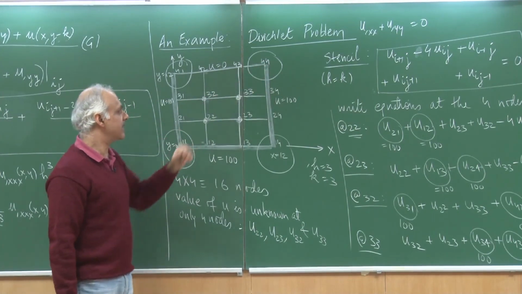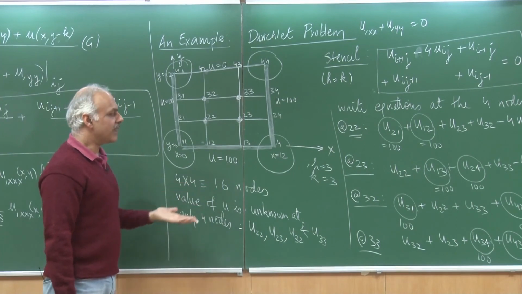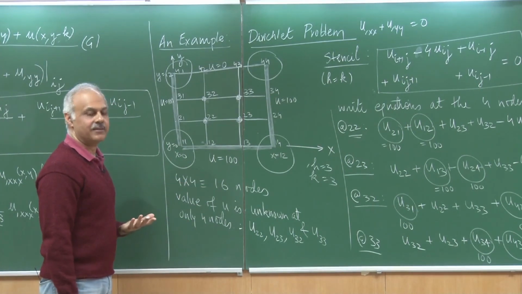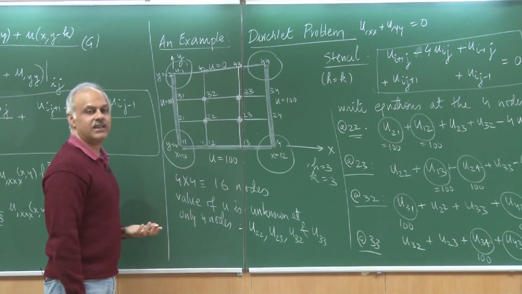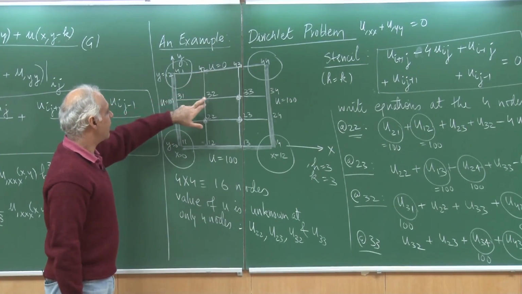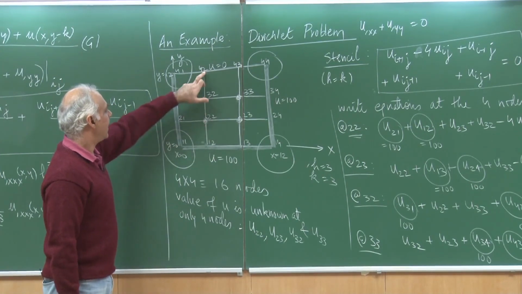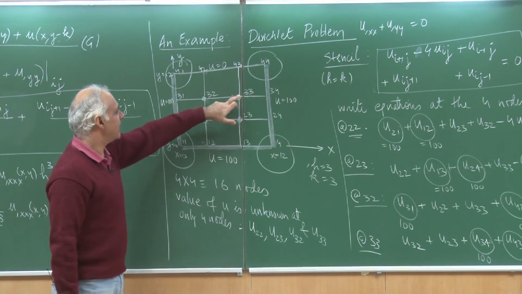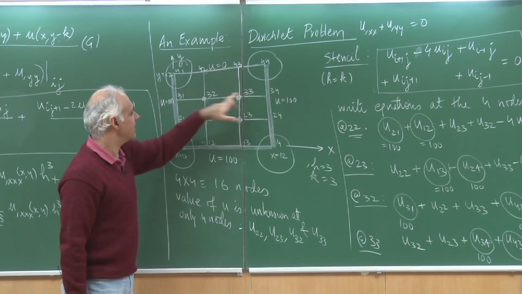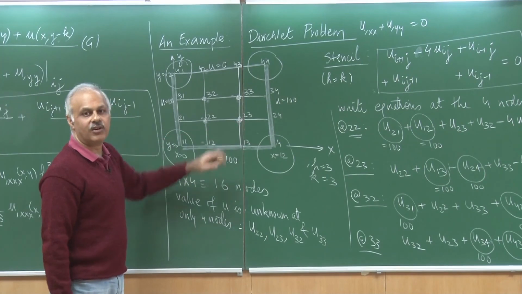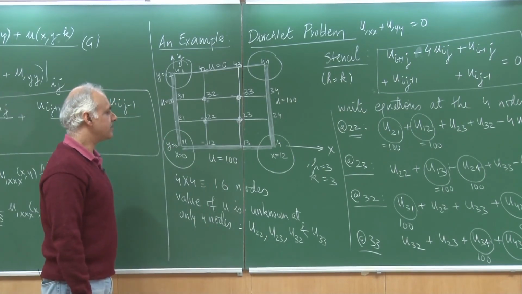It is a little bit tricky, but this numerical method very strangely does not care for it at all. In fact, when I write down the equation here, I only use these values. Similarly, when I write the equation here, I use only these values, and the corner values are not used at all.